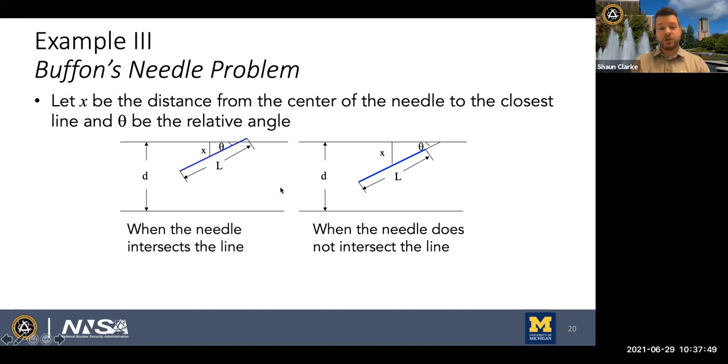There's essentially two conditions: the needle does or does not intersect the line. We can think about it in this way. If the needle does intersect the line, that is the situation in which X, this perpendicular, is less than L over 2 sine theta. And if it does not intersect, we have the condition here on the right where L over 2 sine theta is less than X.